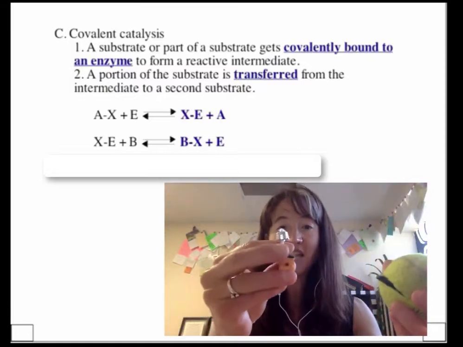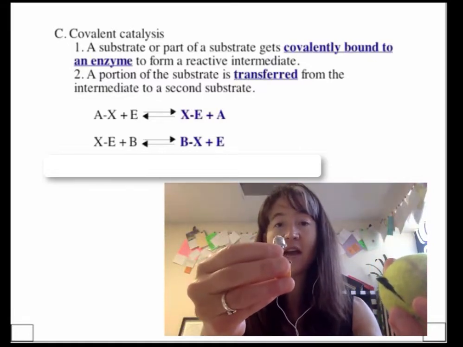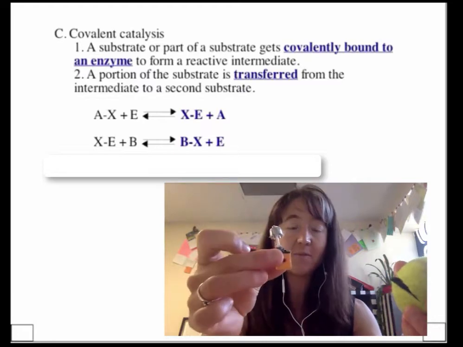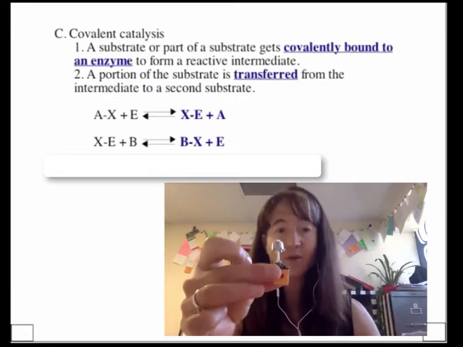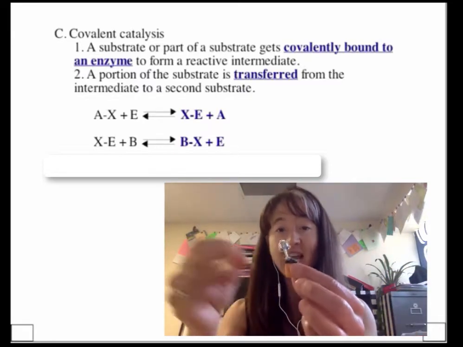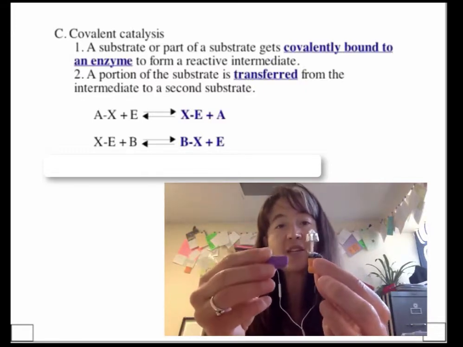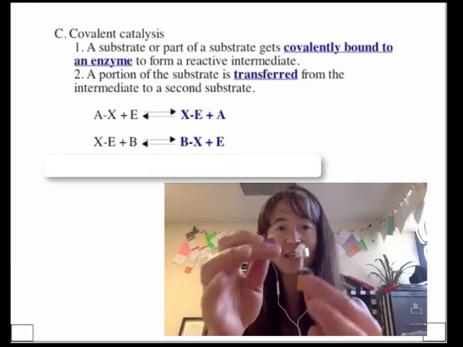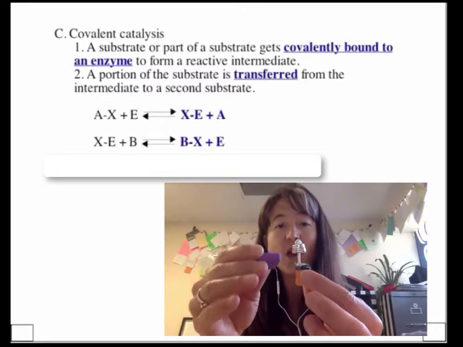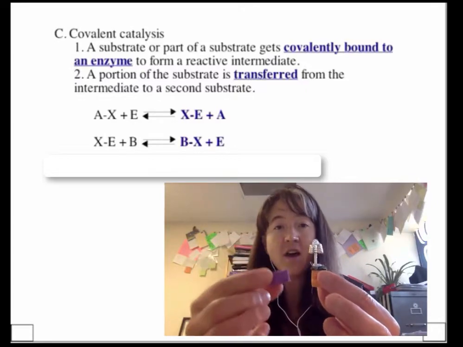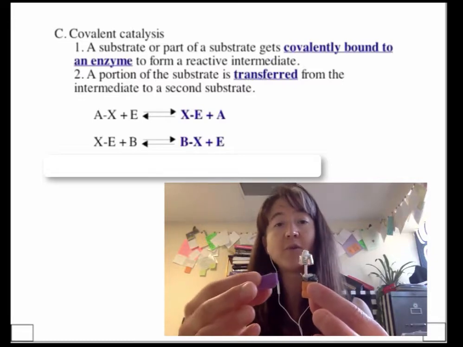Check the changes that just happened there. We now have a covalently bound substrate BX. We began with a covalently bound substrate AX, remember the purple bound to X. Essentially, X, the silver bobbly, was transferred from A onto B. So the enzyme enabled that covalent catalysis.